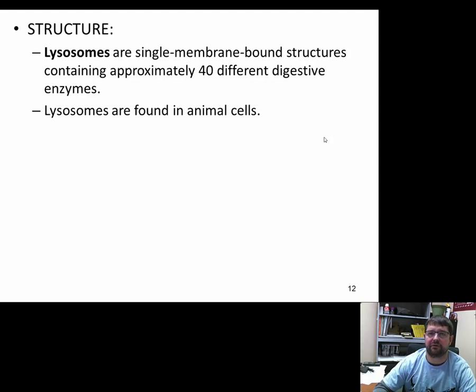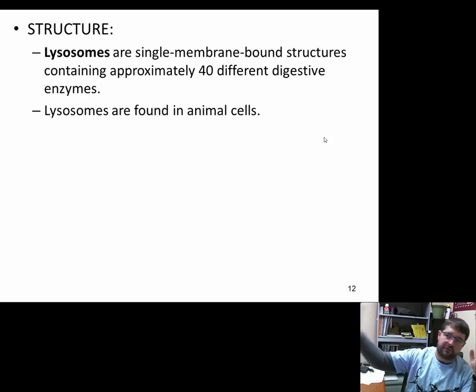Lysosomes, I already kind of mentioned them. They're found in animal cells and are really a multifaceted system. On one hand, they're great for digesting food. On the other hand, they're great for digesting foreign bodies. So they're kind of like the immune system, but also the digestive system.